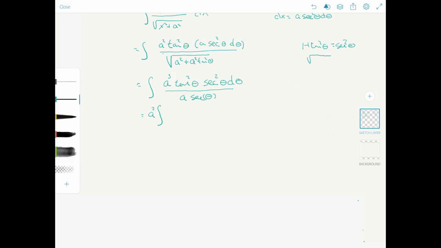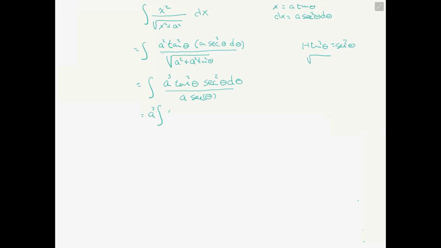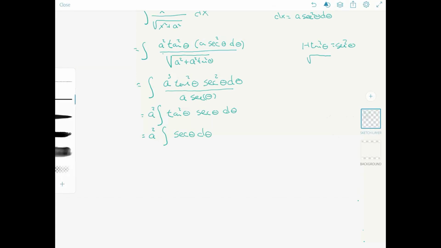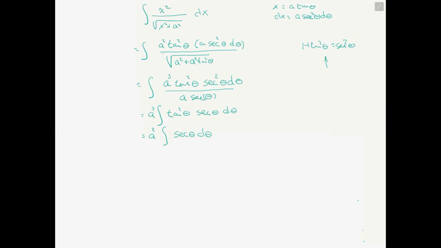So let's take this, and we've got a squared tangent squared theta secant theta d theta, and then let's try our trigonometric identity, because we're using this identity up here: tangent squared theta equals secant squared theta minus 1.